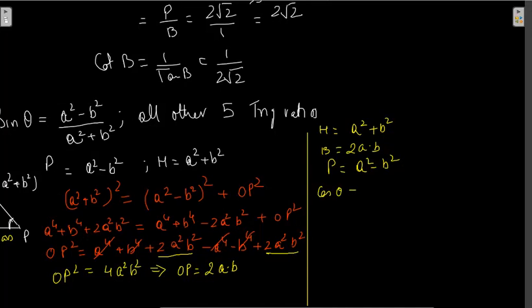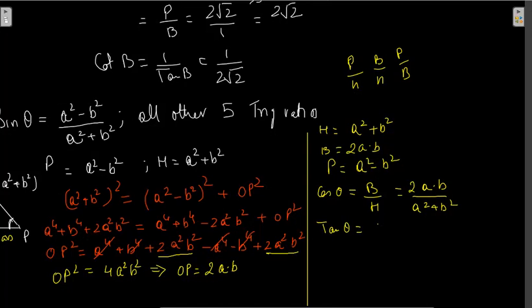Cos of theta is base over hypotenuse. Again, what we are using is the mnemonic, Pandit Badri Prashad Har Har Bole. So base over hypotenuse. What is base? Base is twice of A into B, and hypotenuse is A square plus B square. What is going to be tangent of theta?